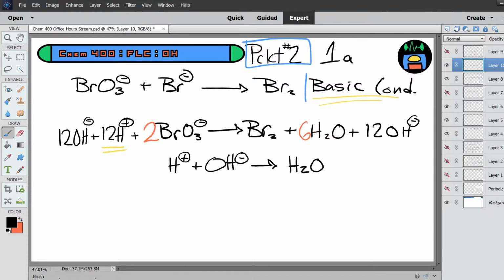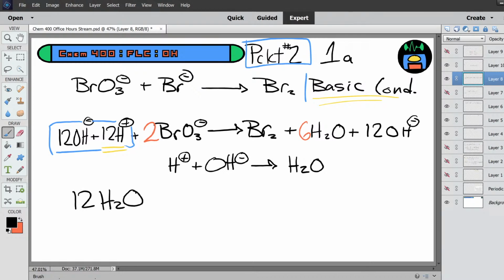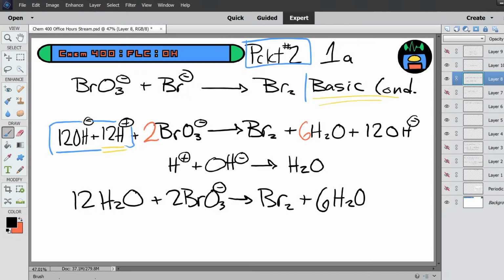And here we have 12 hydroxides combining with 12 hydrogens. So that will create 12 water molecules plus 2 bromate ions producing, sorry, we've got to remember that charge, producing 1 bromine molecule plus 6 water molecules plus 12 hydroxide ions.